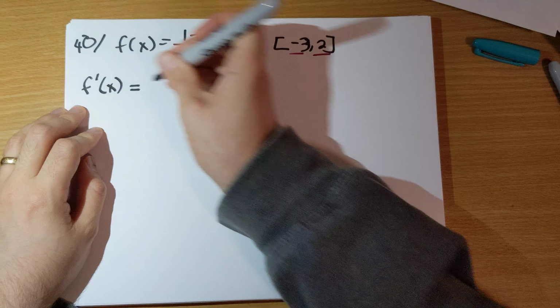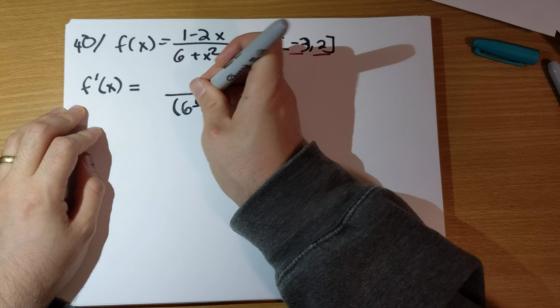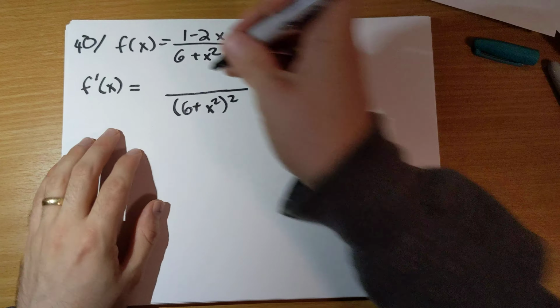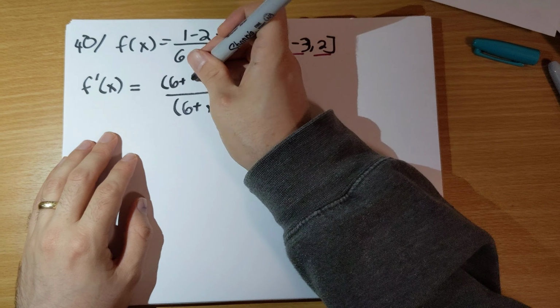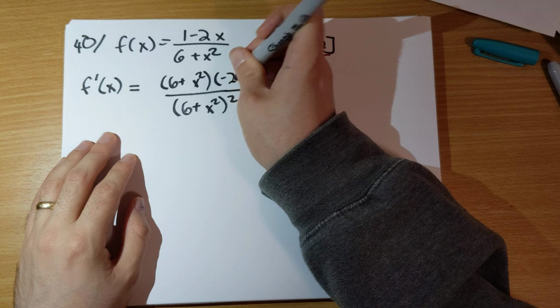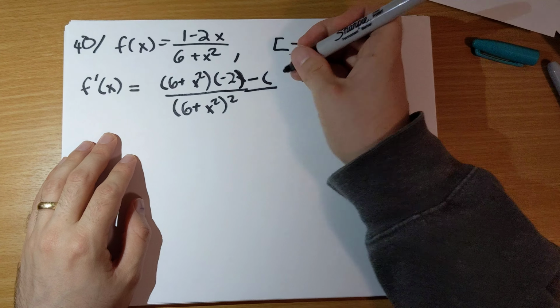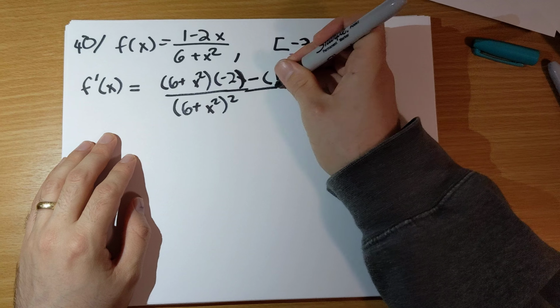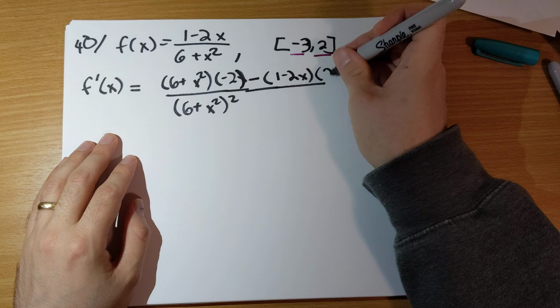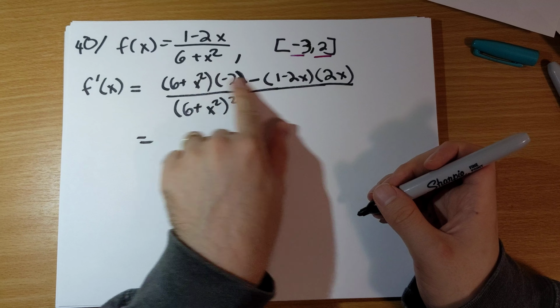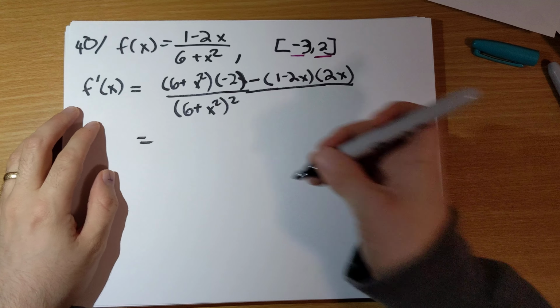F prime of x by the quotient rule: the denominator, (6 plus x squared) quantity squared, and it's going to be the denominator times the derivative of the numerator minus the numerator times the derivative of the denominator. Let's try to simplify the numerator here.